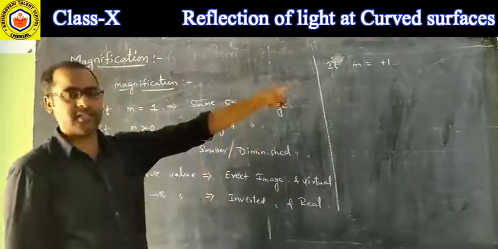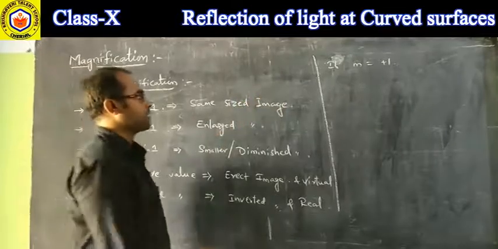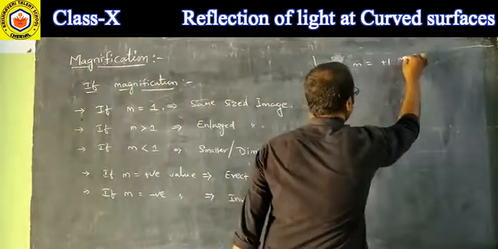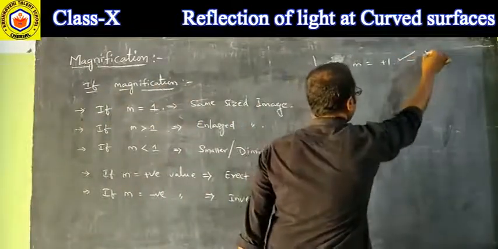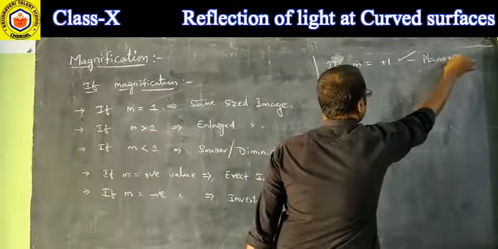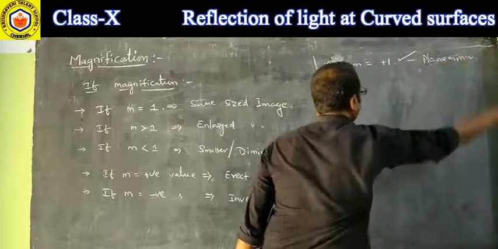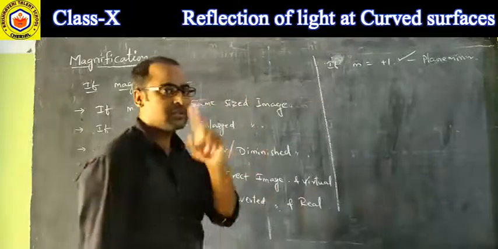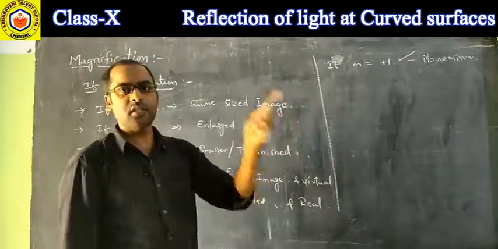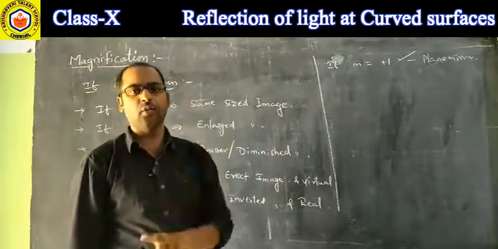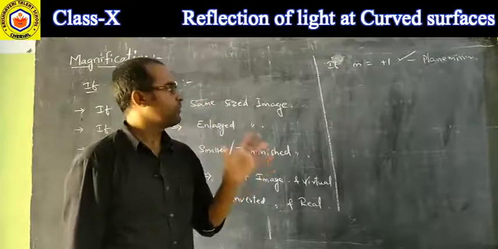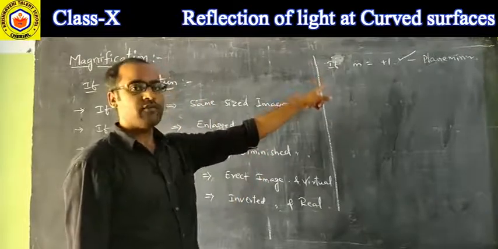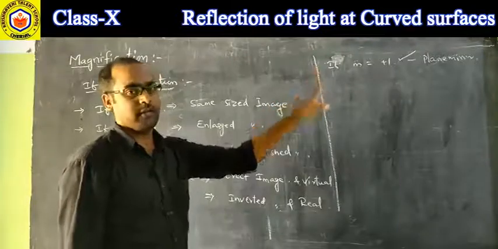Just with that value we can say that, right? Next, this positive +1 magnification is always for a plane mirror. For a plane mirror, the magnification value is always +1, because it always forms erect, virtual, and same sized images.